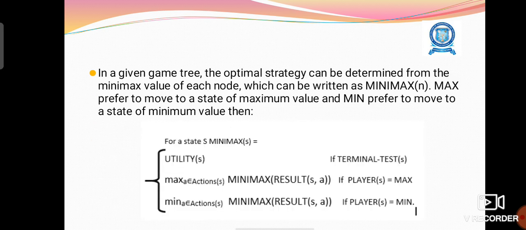In the given game tree, the optimal strategy can be determined from the minimax value of each node, which can be written as minimax(n). Max prefers to move to a state of maximum value and min prefers to move to a state of minimum value. Then there is the formula: utility(s) if the state is terminal, the maximum value if the player is max, and the minimum value if the player is min. That's all about the topic.